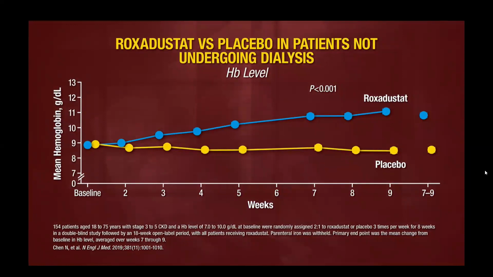And at the end of study here, roxadustat treated patients with chronic kidney disease, not on dialysis, had hemoglobin concentrations of 11. Perhaps as part of the overall treatment of anemia, with the use of these agents, with the HIF stabilizers, there may be this potential to get the additional benefit of liberalizing or freeing up of some of the body's iron stores, which tend to be somewhat restricted in patients who have kidney disease.